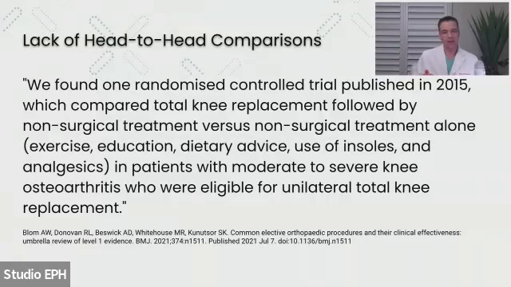But what they did find is that the serious adverse events for the patients in the surgical group were dramatically increased over these other patients. And these weren't patients that really had advanced disease. So if you bring in patients that are in that mild or even moderate levels, and in many cases even moderately severe, and you say, hey, we're going to now put exercise, education, dietary advice, and all these other things that are low risk, plus an extremely low risk orthobiologic regenerative procedure, and compare that to knee replacement, nobody wants to do that study.